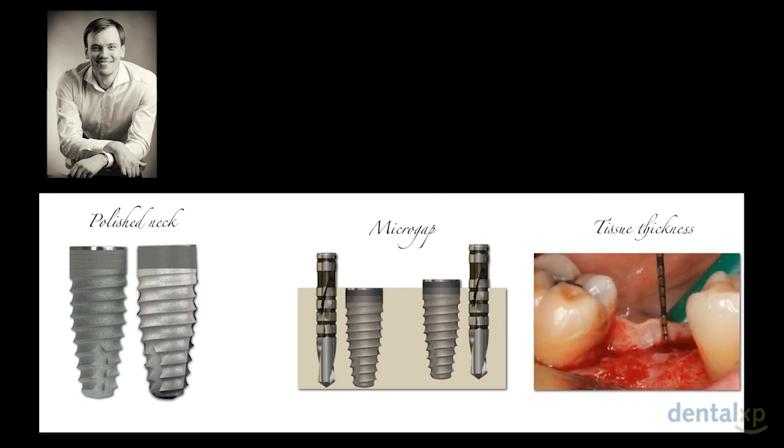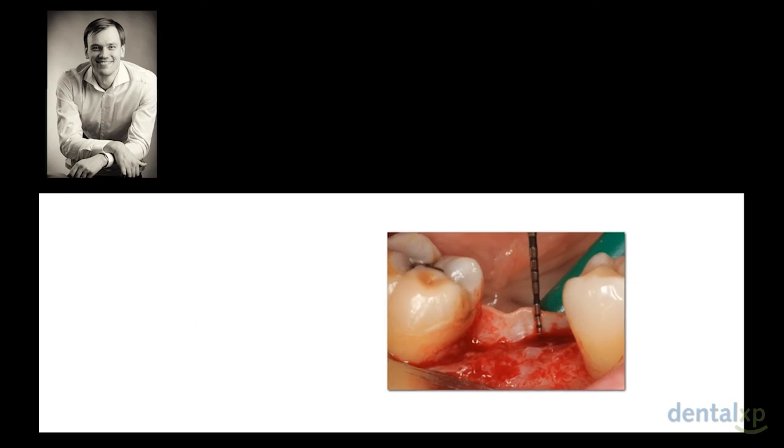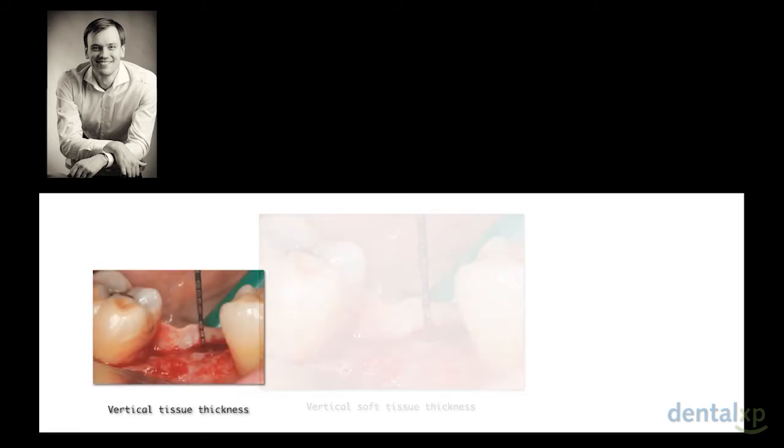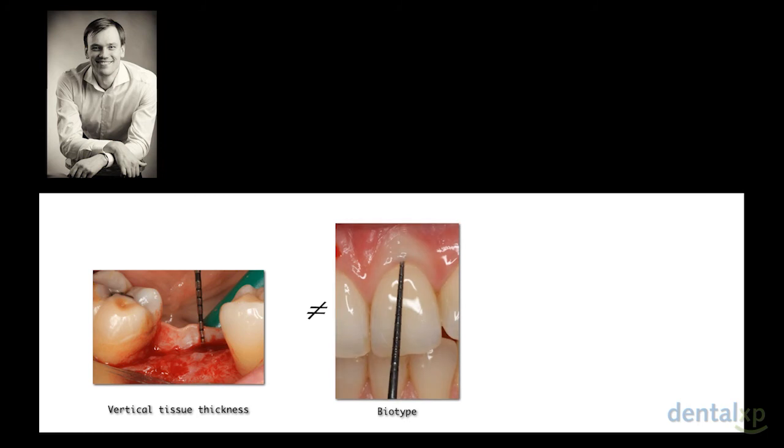And the reason is that we did not think about soft tissue thickness. So what is soft tissue thickness? Well, let's in the beginning decide that we are talking about vertical or crestal soft tissue thickness, which is measured at the top of the crest. Vertical soft tissue thickness is not biotype, when you can say it is a thin or thick biotype.